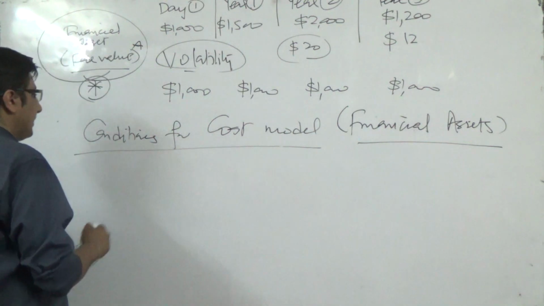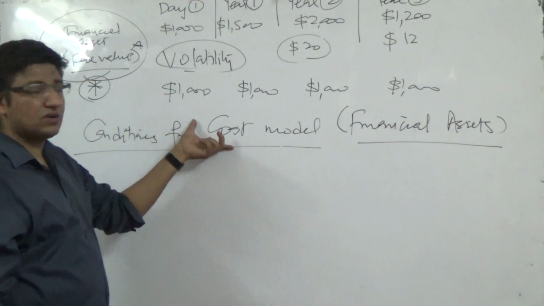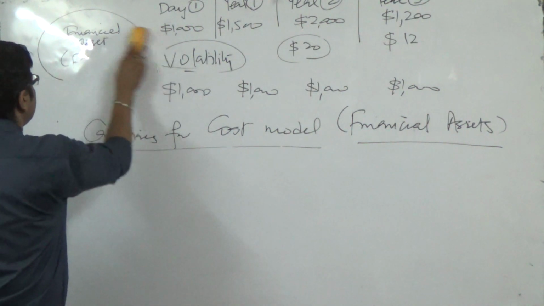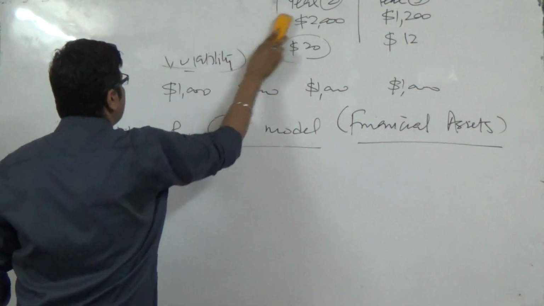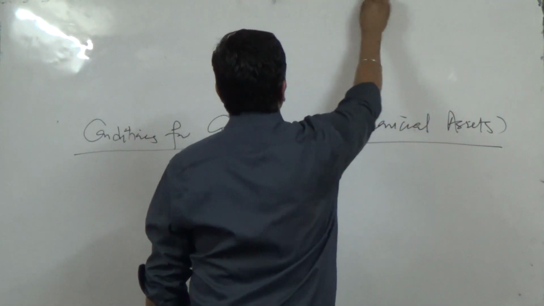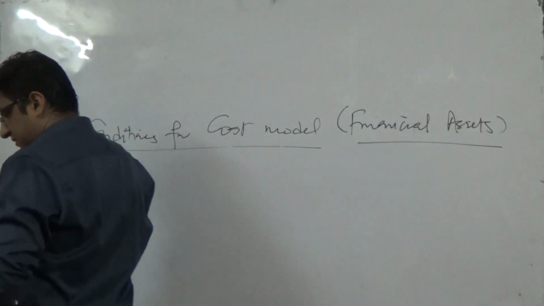Yep. So what we are looking at is the conditions for the cost model. There are primarily two conditions, although there are three conditions. We're going to talk about today only two conditions here.